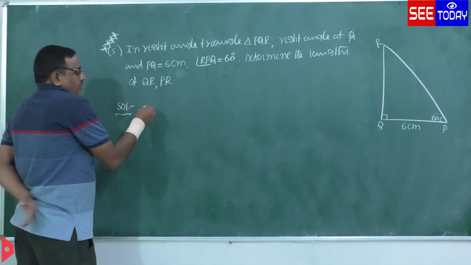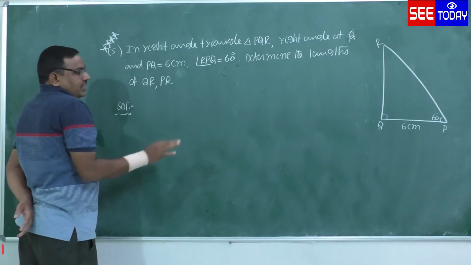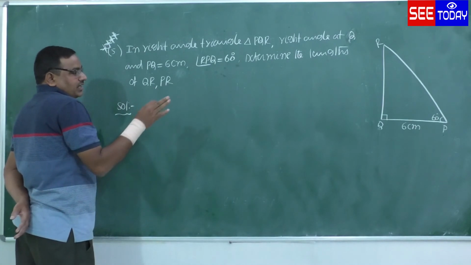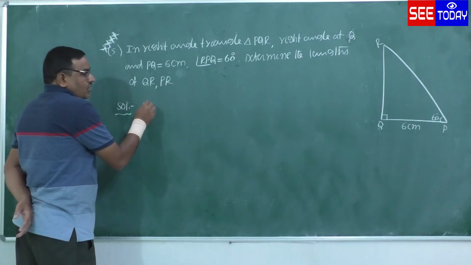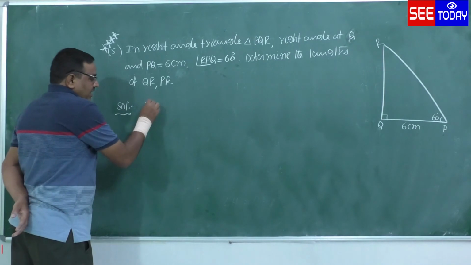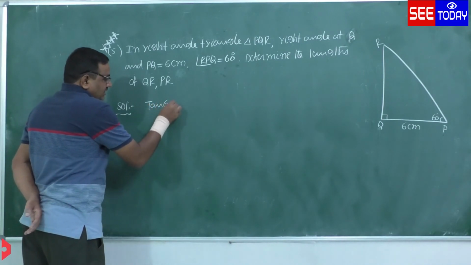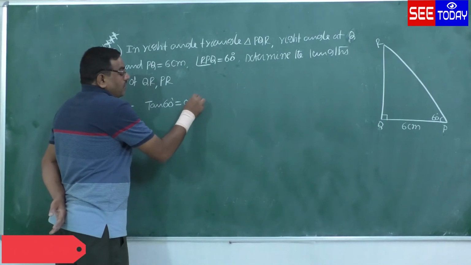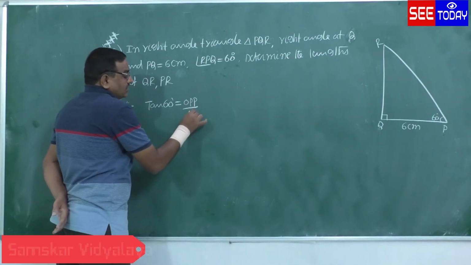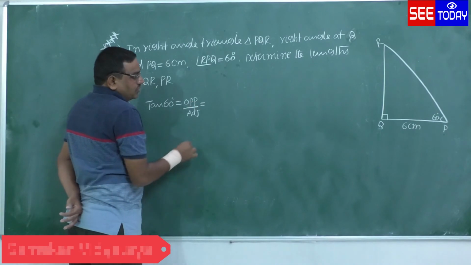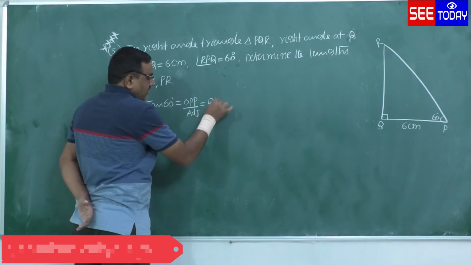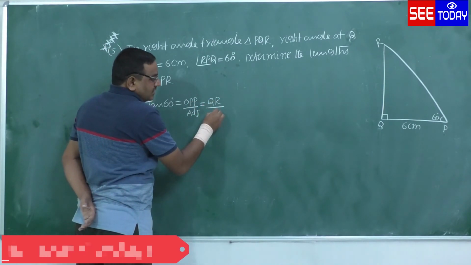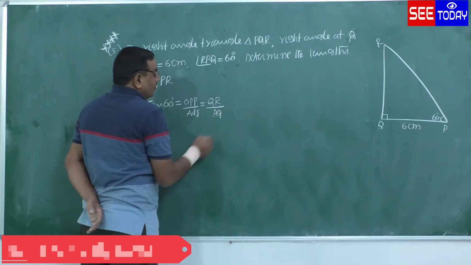PQR is a right angle triangle, angle Q is 90 degrees, P is 60 degrees. First, if you want to find QR, I am taking tan 60 degrees. Tan 60 is equal to, what do you know? Opposite side by adjacent side. The opposite side is QR, and the adjacent side is PQ.